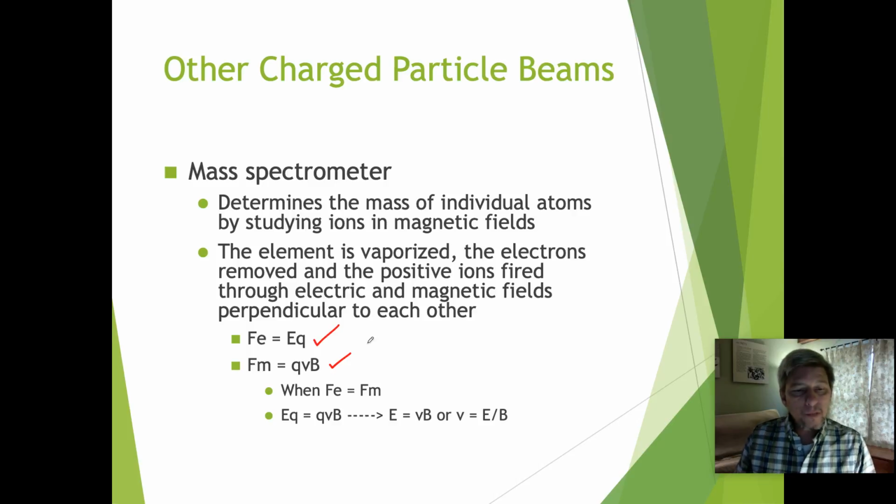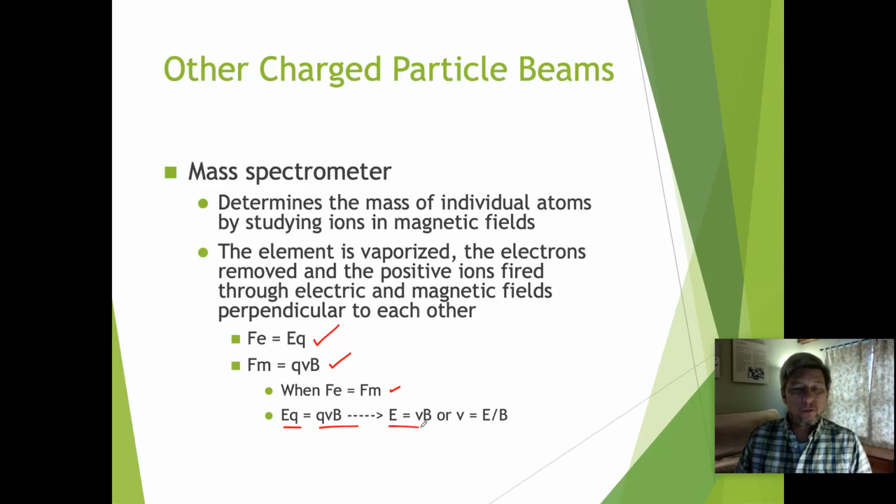Now, if we set those two forces equal to one another, we get the electric force equal to the magnetic force. Notice that the charge cancels out, so it doesn't actually matter whether it's a single electron or a charged particle with 10 protons or whatever it happens to be.